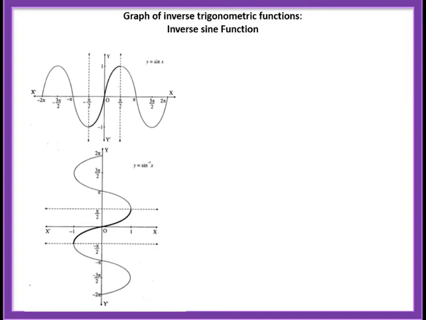Because from minus pi by 2 to pi by 2, all the values of the sine ratio are already considered. That is, sine minus pi by 2 is minus 1, sine pi by 2 is plus 1. So this is the graph of the sine function. Now with restricted domain, this is the graph of the sine inverse function.